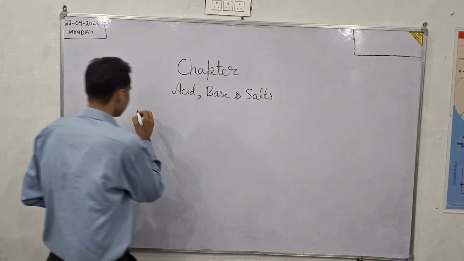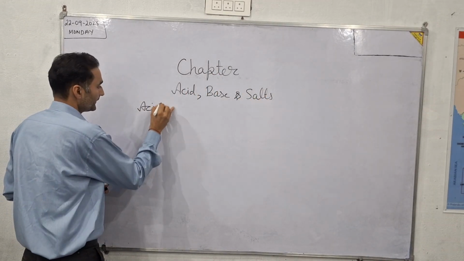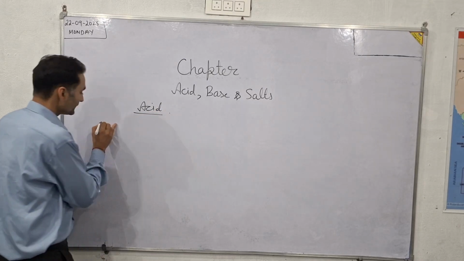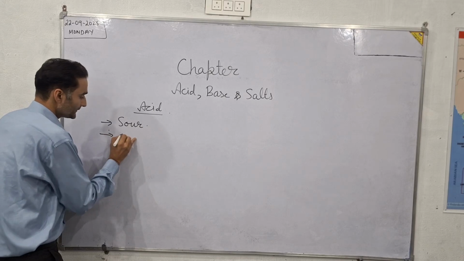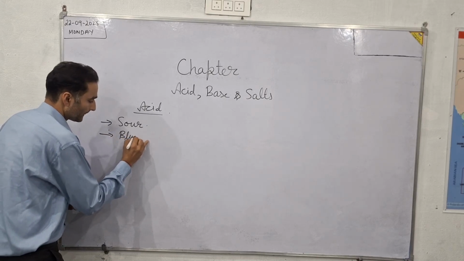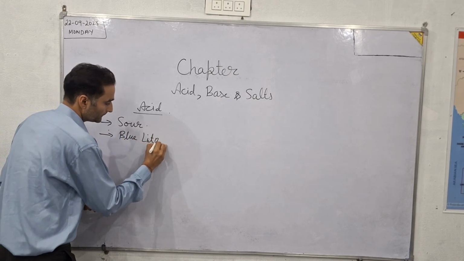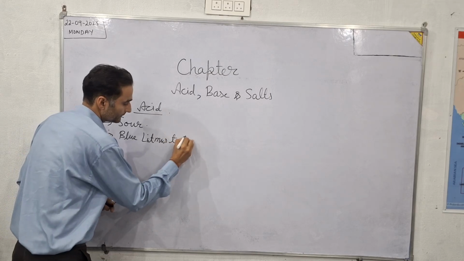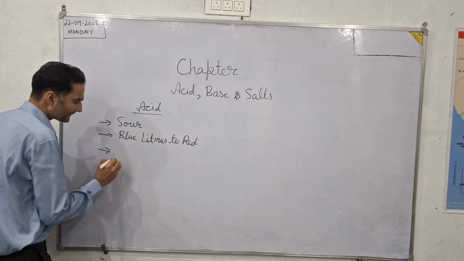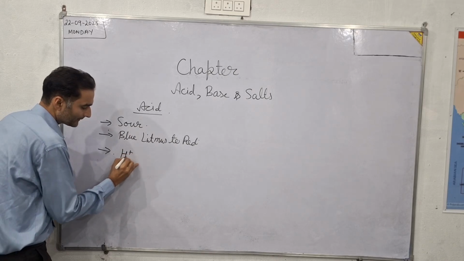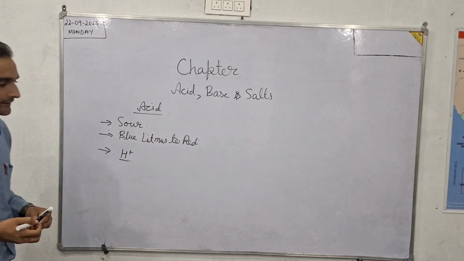So we are covering acids first. I have given you the properties of acids: they are sour in taste, and they change blue litmus to red. Another property of acids is that acid contains H positive, that is hydrogen ion, in aqueous solution.